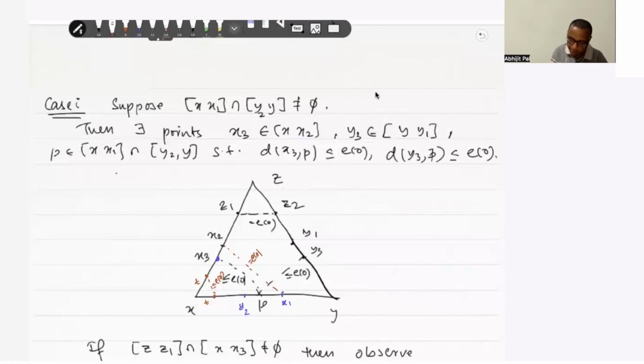Similarly, for the other side, y2, I'll get a point y3 on the geodesic joining yy1, such that the distance between Py3 is less than or equal to E naught.